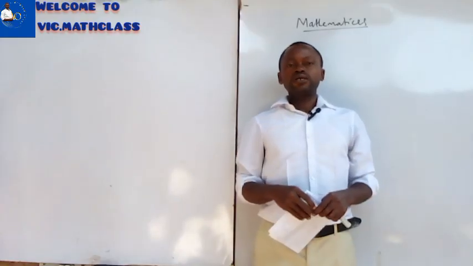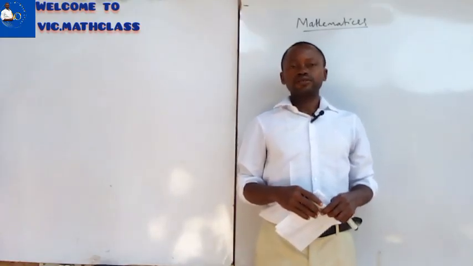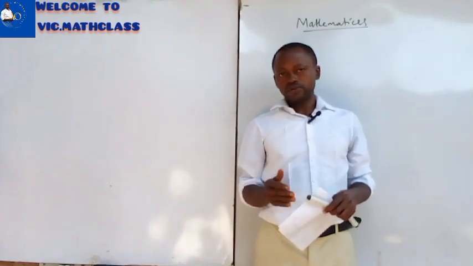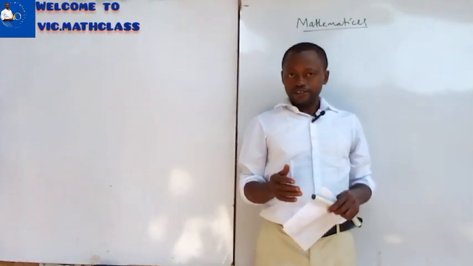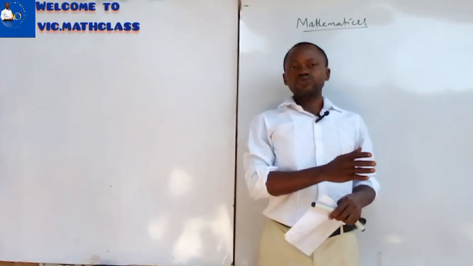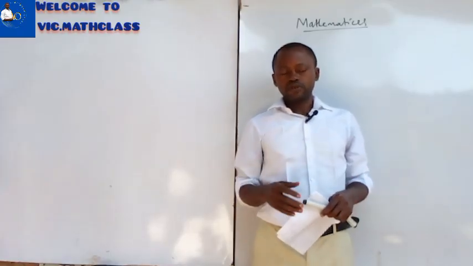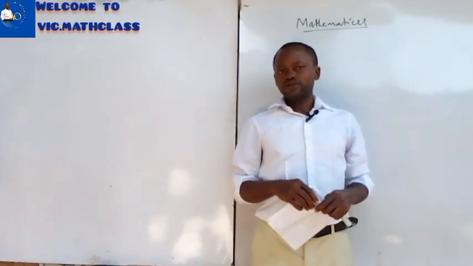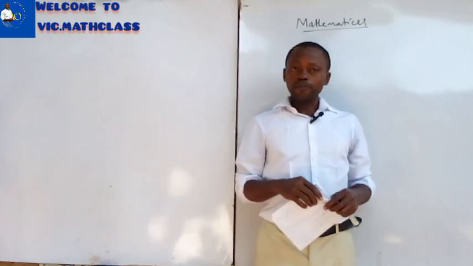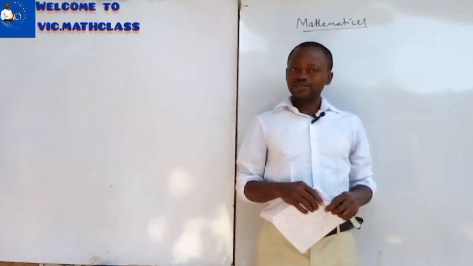Now there's an area I want to look at, that is the completing the square method of solving quadratic equations. But in that method, there's something we are going to come across, and that is perfect squares.